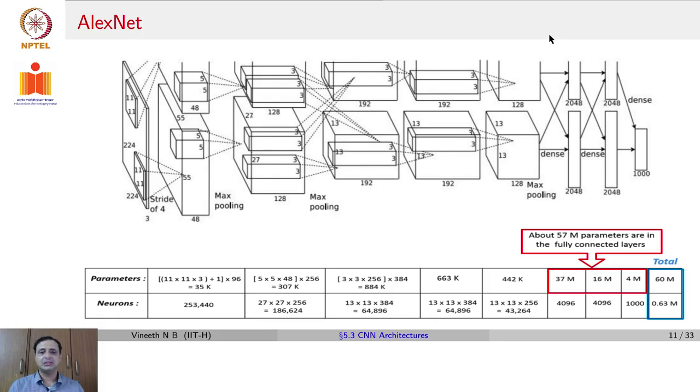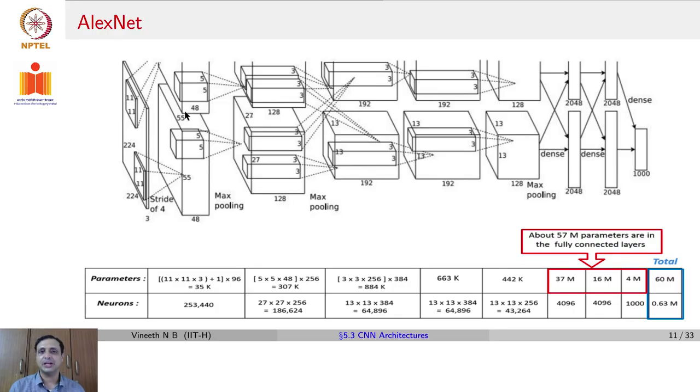Let's try to analyze the complexity of this architecture in terms of parameters and neurons. You see here, the parameters in the first layer would be given by 11 cross 11 cross 3 as the size of the filter, plus 1 for a bias, times 96, the total number of filters chosen for the first layer, 48 which went to one processing unit and 48 which went to another processing unit.